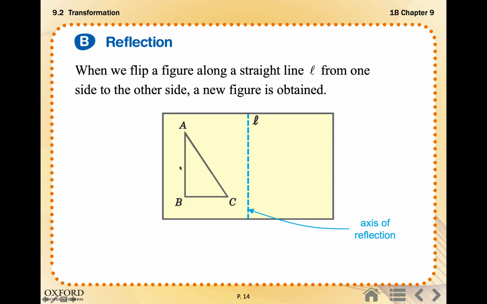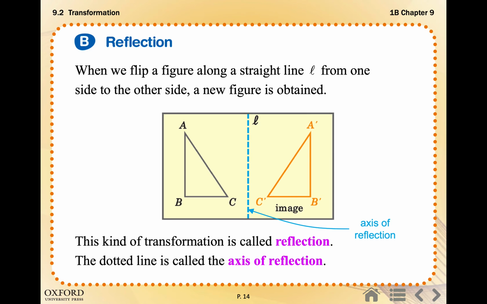For example, here you can see the triangle ABC on the left-hand side, and after the reflection, the triangle ABC will go to the right-hand side. And then you can see that after the reflection, the image formed here should be something like this. And for this kind of transformation, we call it reflection.